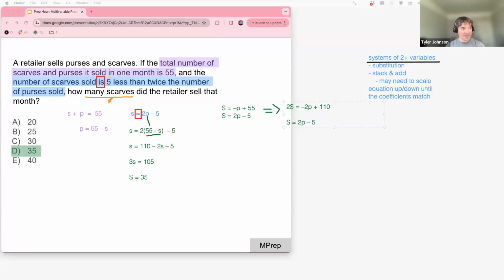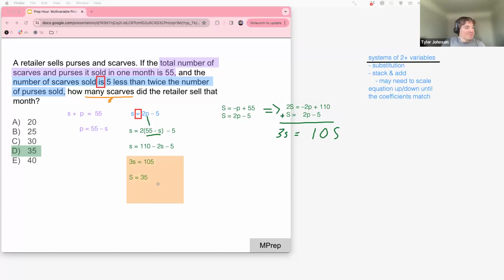It gets something more like 2S is equal to negative 2p plus 110. And now if you add everything together, you're going to get 3S. These p's will cancel. And then the solution's identical to these steps right here.